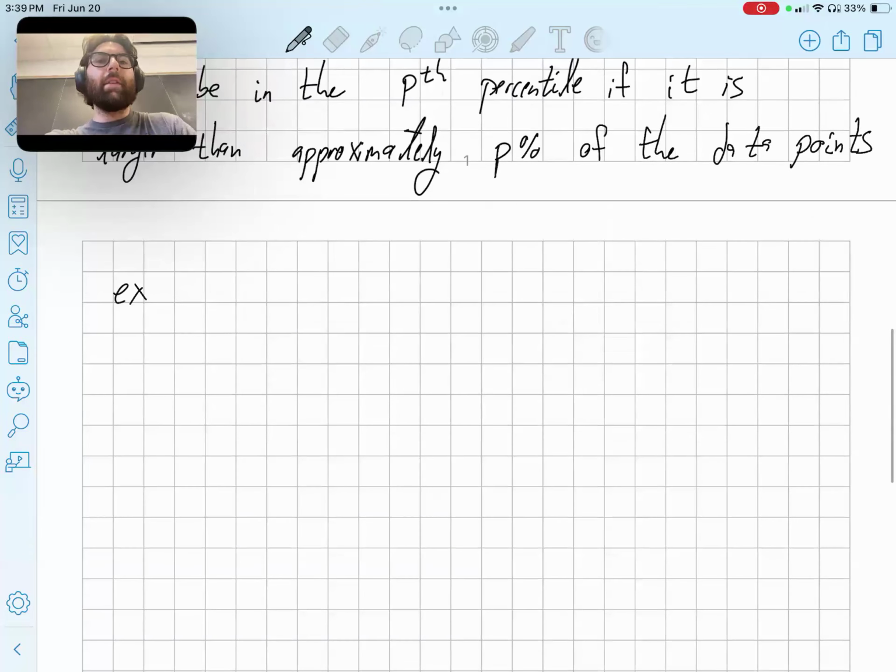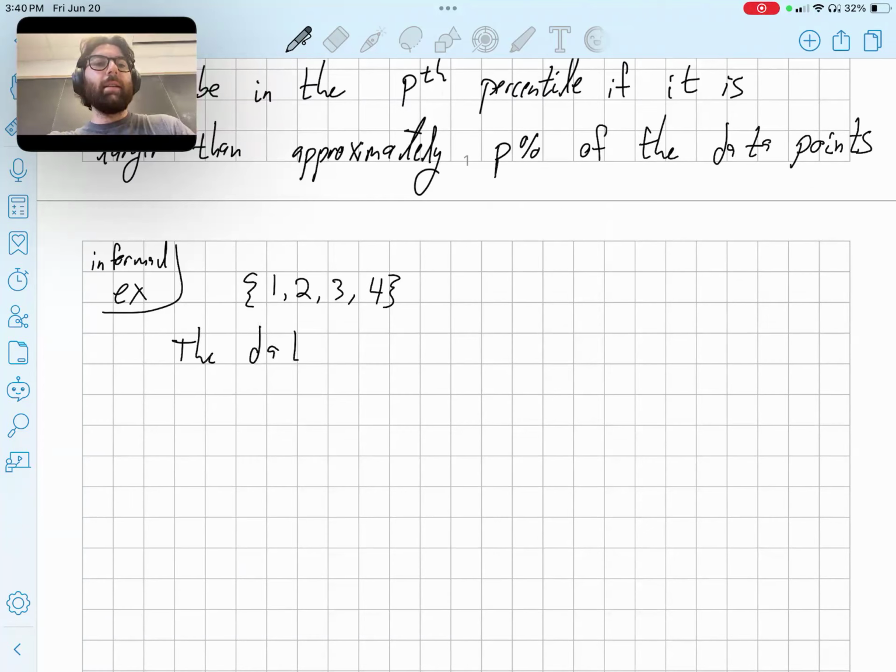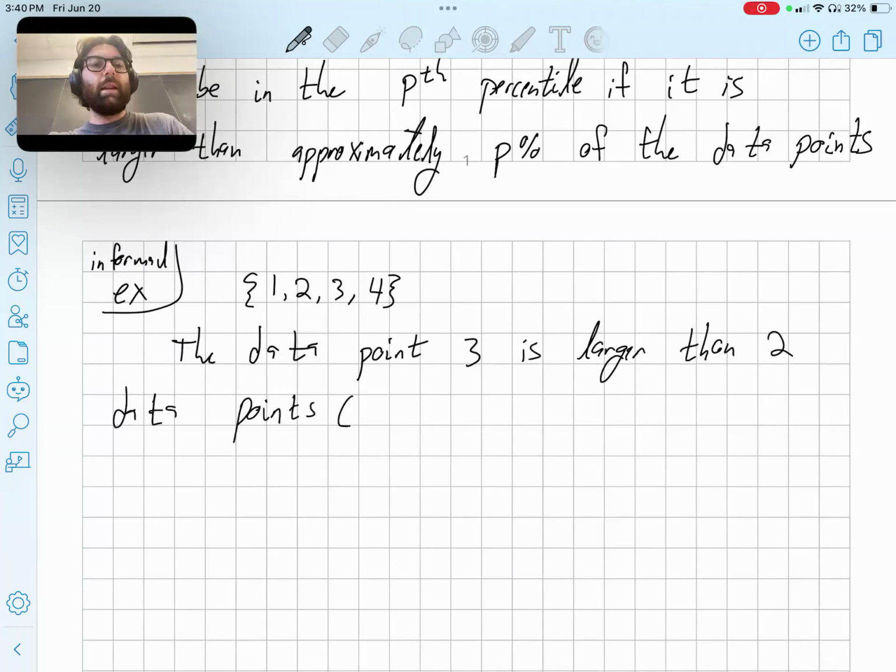As an informal example, my data list looks like this: 1, 2, 3, 4. The data point 3 is larger than 2 data points, namely 1 and 2.